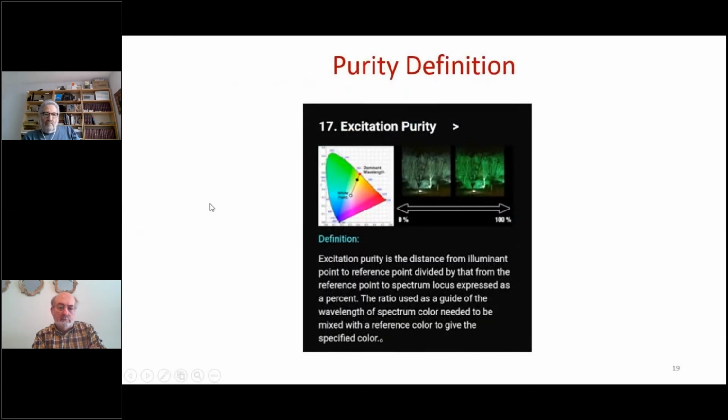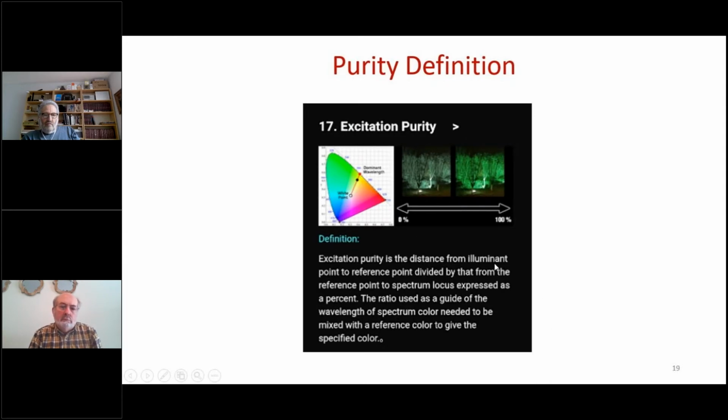And then you have purity. What does purity mean here? Again, you join it to the center, extend it till it hits the boundary, and then you take the ratio of the distance between the test point and the center to the distance from the center to the boundary, and that comes as a percent that is less than 100%.